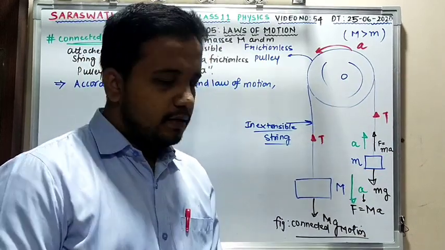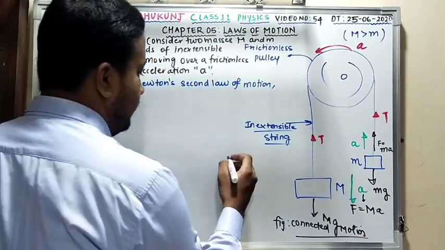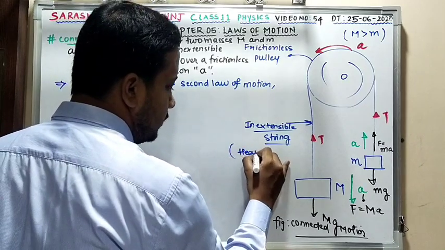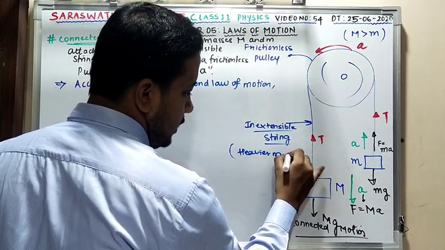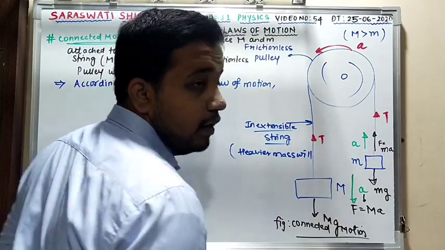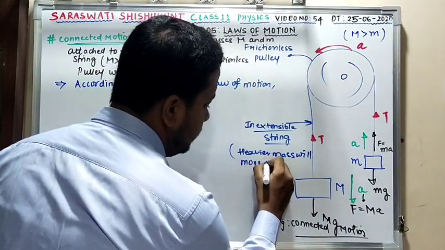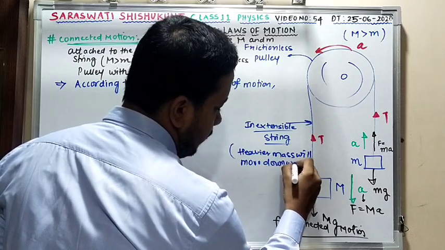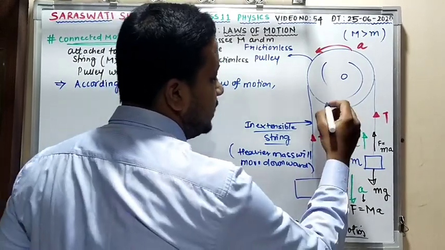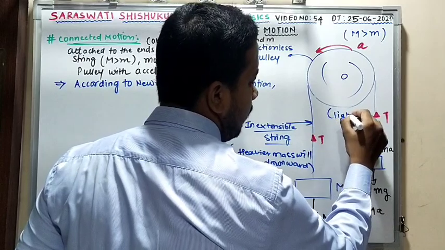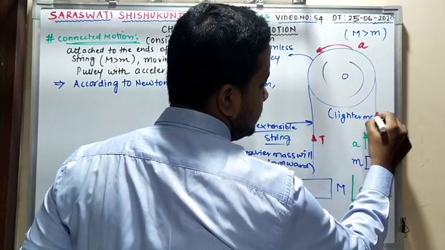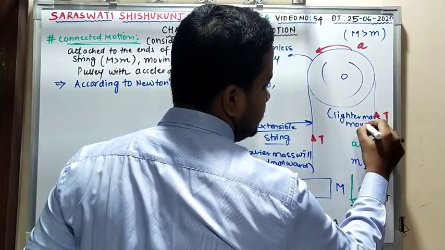Till this clear? So I can write over here, heavier mass will move upward or downward? Downward. Will move downward. And here the lighter mass will move upward. Lighter mass moves upward.